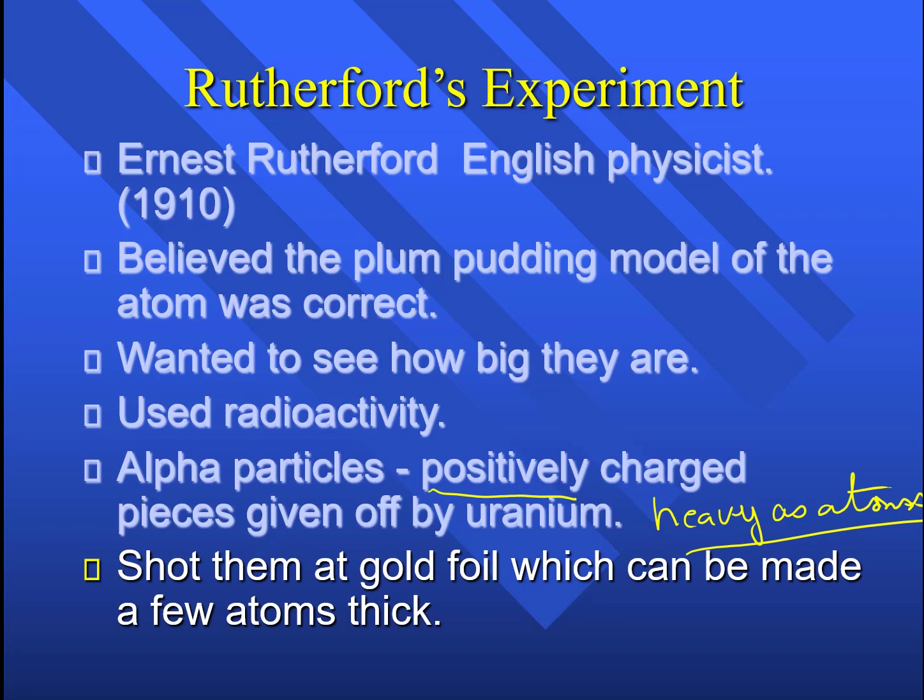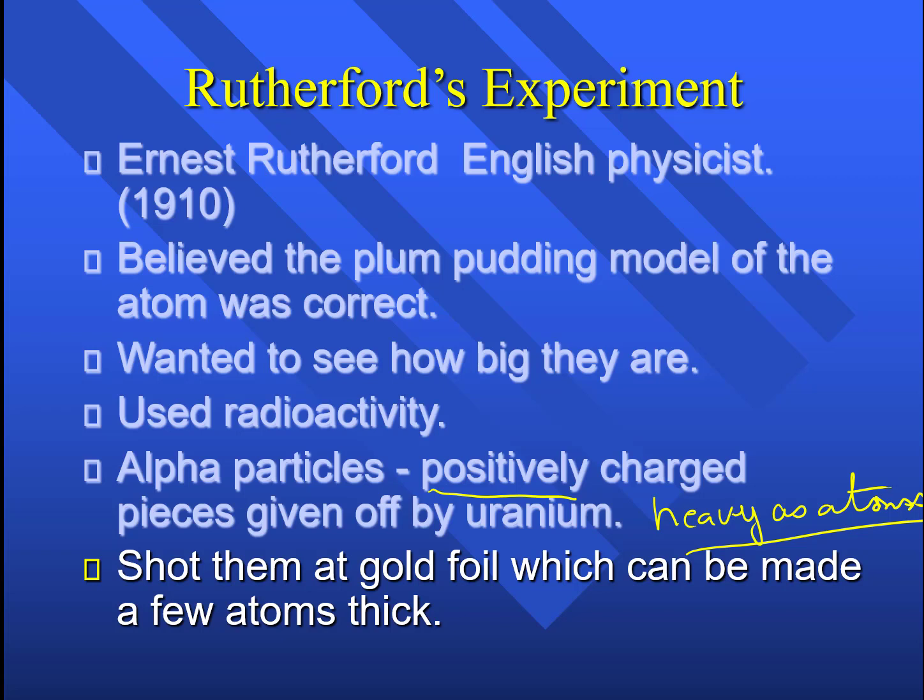And he shot them at gold foil. What happens when you shoot alpha particles is that if you hit something thick, like a piece of paper, the alpha particles get stopped. But if you make it thinner, some of the alpha particles can go through, but some can't. So that meant the alpha particles were interacting with the atoms in your stuff.